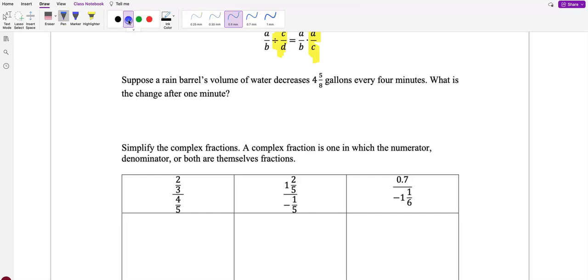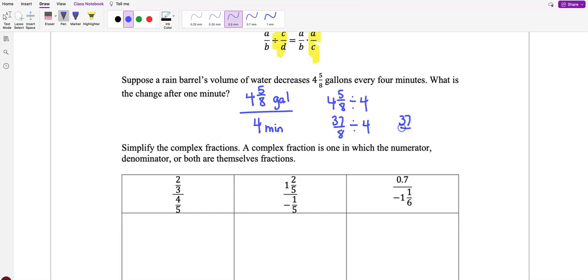Suppose a rain barrel's volume of water decreases by 4 5/8 gallons every 4 minutes. What's the change after 1 minute? So 4 5/8 gallons every 4 minutes. So I need to divide 4 5/8 by 4. So this is what? 32 plus 5, 37/8 divided by 4.